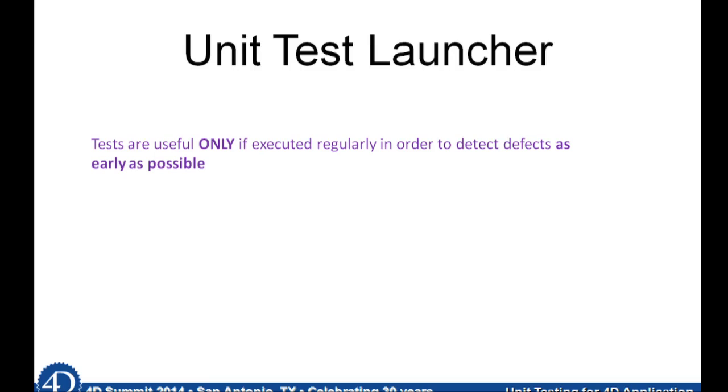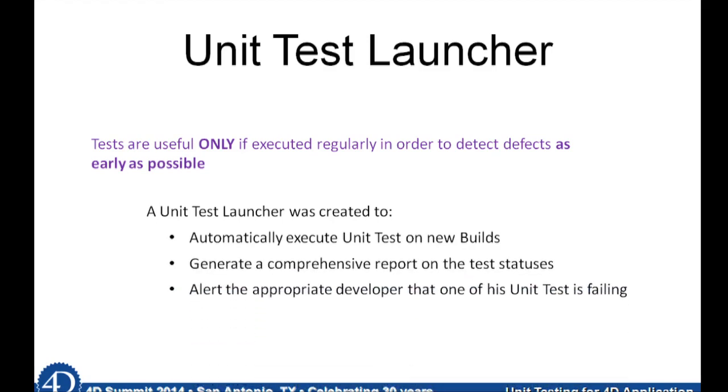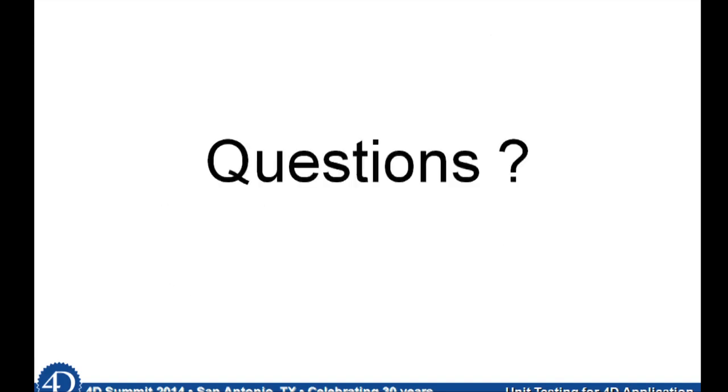This is still under development, so I don't have it here and I'm not going to do a demo of it, but it's pretty much what I said. It automatically creates and executes unit tests that it reads from a source control tool. Then it generates a status and alerts the developer that something is wrong. Just once, not 50 times. It's just enough. Okay, thank you. Any questions?